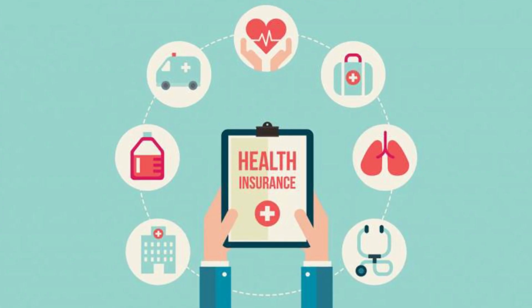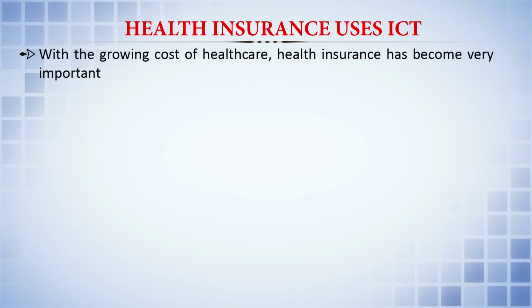One area where a big difference is being made by ICT is the field of health insurance. Why is health insurance so important these days? It's because of the growing cost of health care. Many medical procedures and treatments are so expensive that not only the poor but even middle class people would find it very hard to afford the cost.